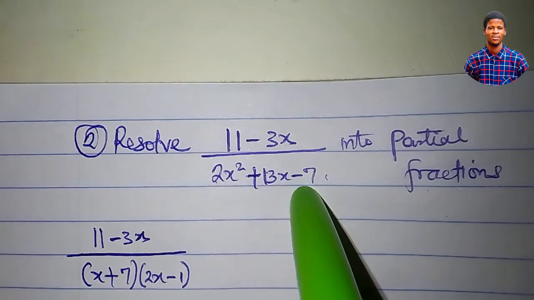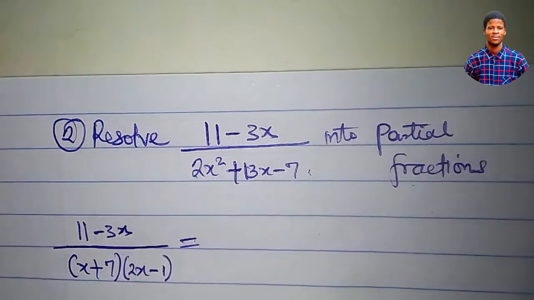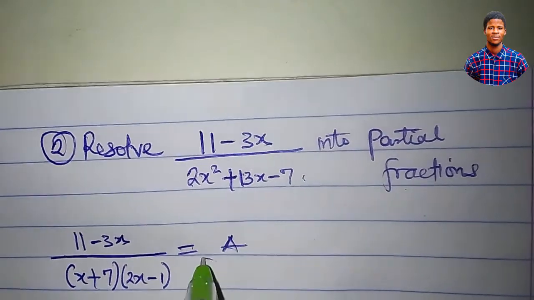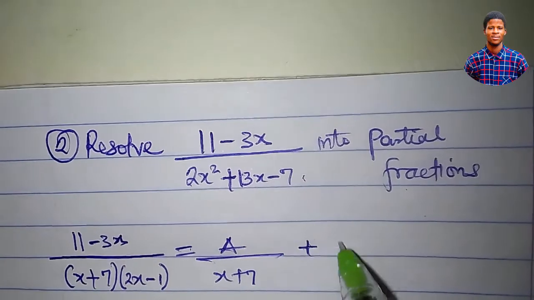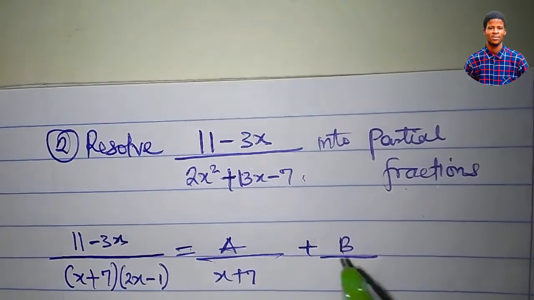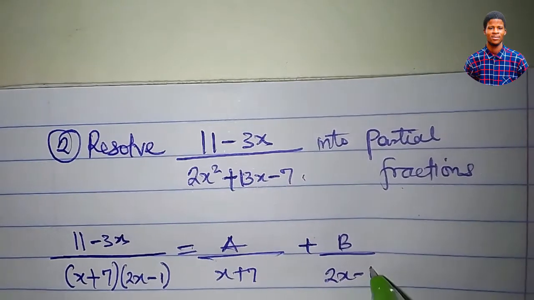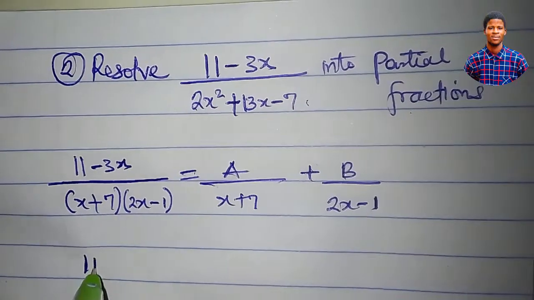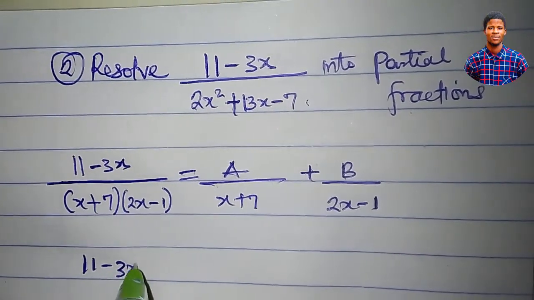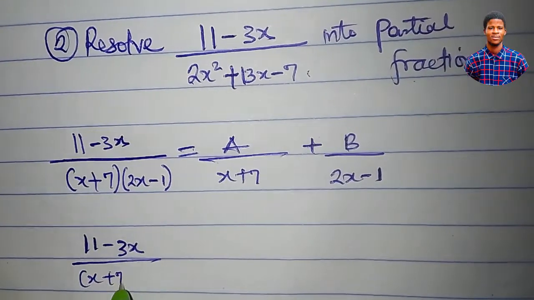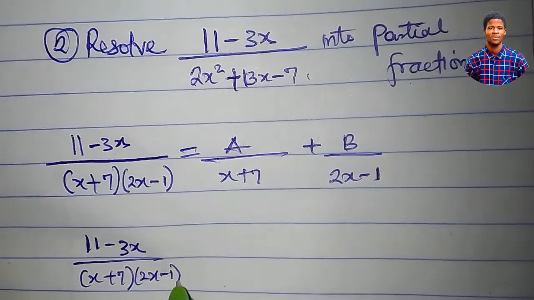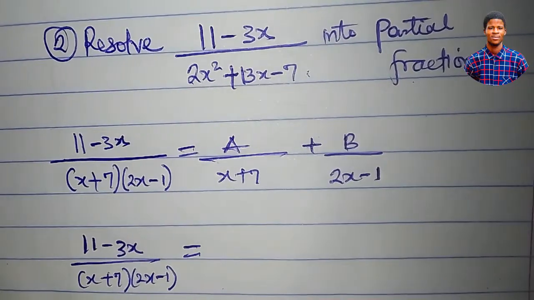If it is reducible, then reduce it. And so this is equal to A all over x plus 7 plus B all over what? 2x minus 1.